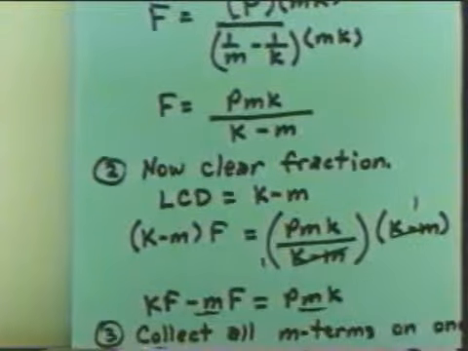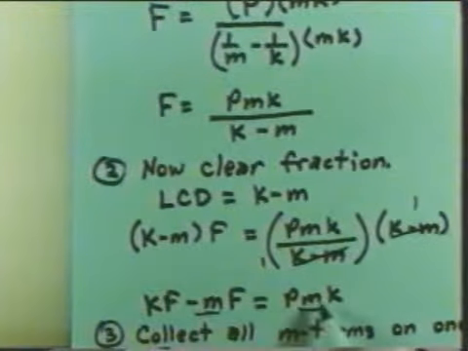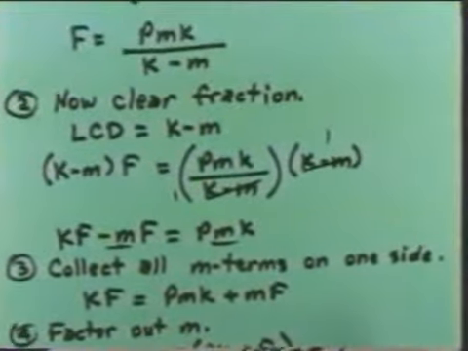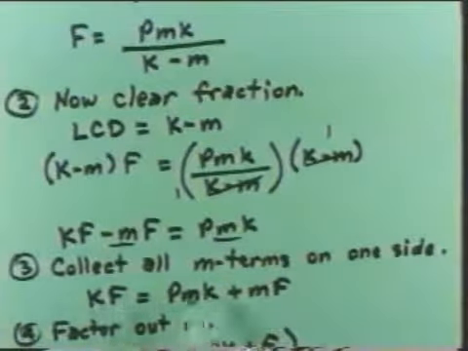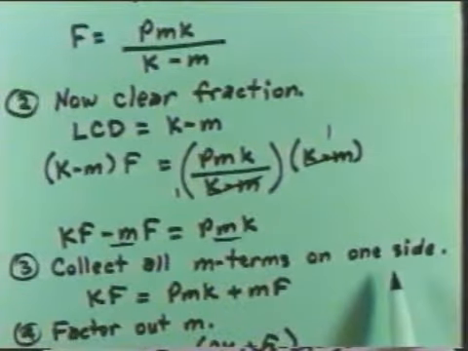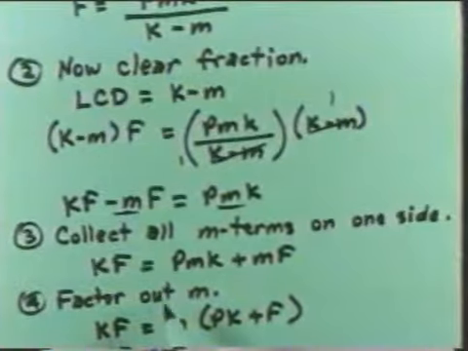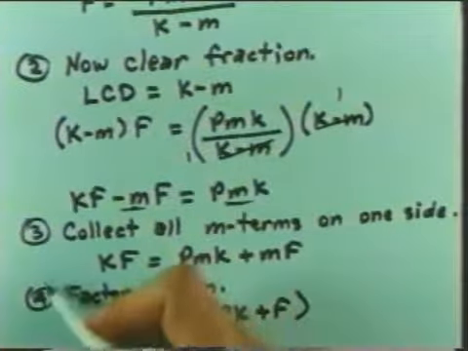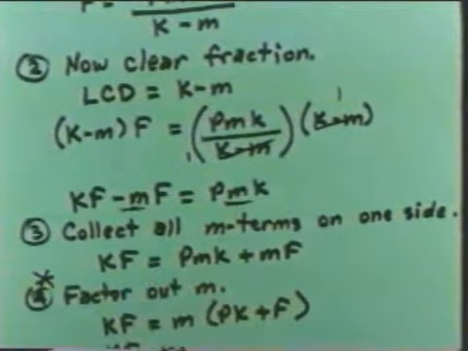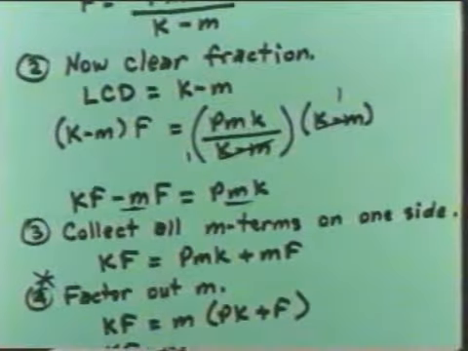When we cleared the fraction, the m appeared more than once, and so we had to collect all of the m terms on one side. Then factor out m. This is a step that a lot of people overlook, so pay close attention to this one. Factor out the m. Then we can divide by the extra factor to complete the job.